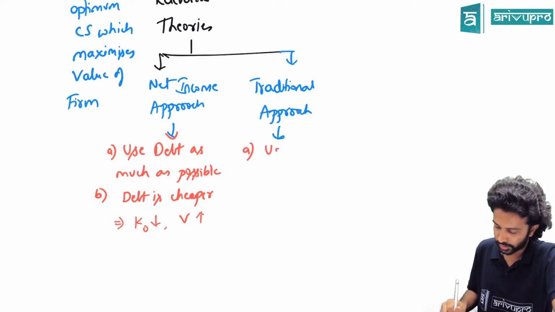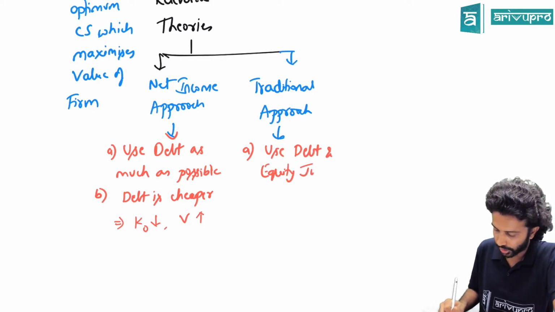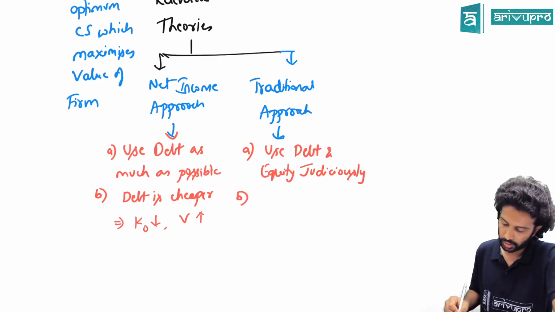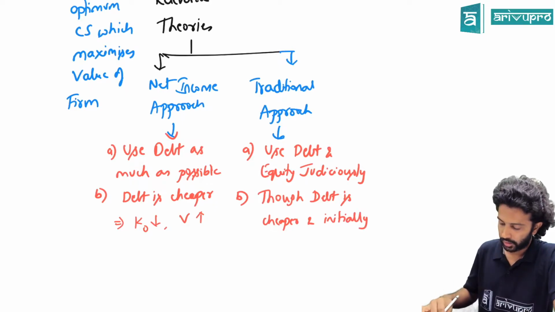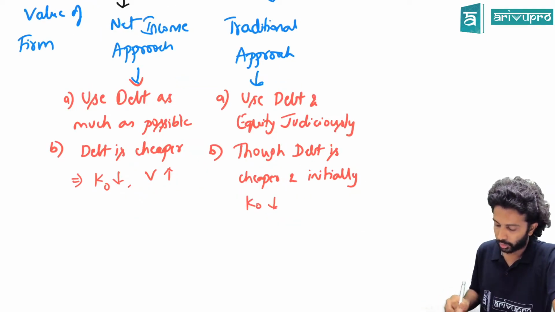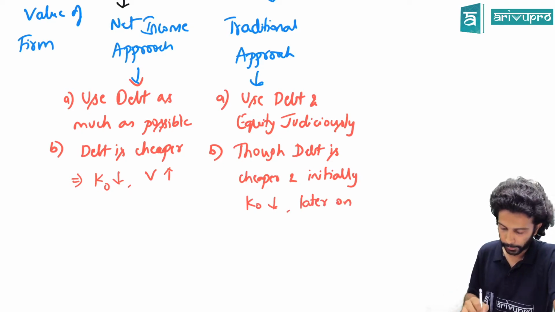Use debt and equity judiciously or carefully, because though debt is cheaper and initially KO will be reduced, later on what will happen?